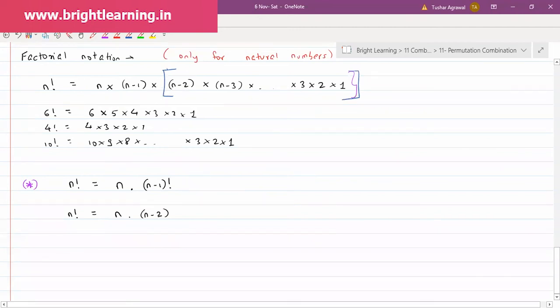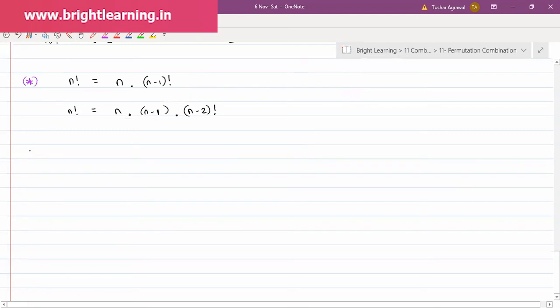The blue bracket separately is n minus 2 its factorial. Do you agree with me? This is a trivial property, no need of any proof. So this is one property for n factorials.